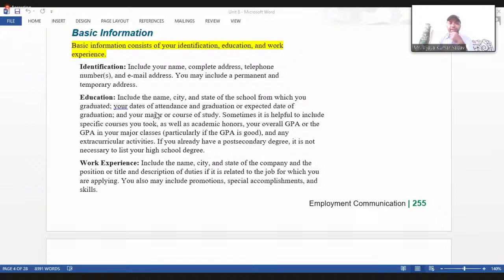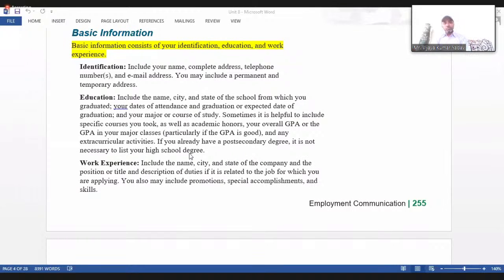Then when you graduated, that very date. Your major course of study. Sometimes it is helpful to include specific courses you studied. Academic honors, if you got any awards, you mention that. Your overall GPA, and then your GPA in major classes, okay? And any extracurricular activity, if you have any, that also you mention.